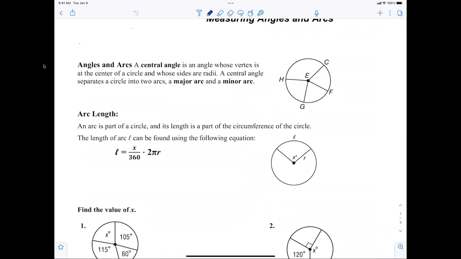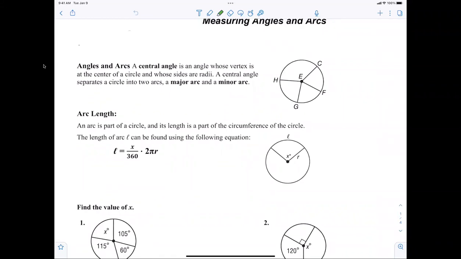All right. Now, the central angles, when you look at them, divide the circumference into segments, which are called arcs. This arc is said to be a minor arc, because it is less than 180 degrees.